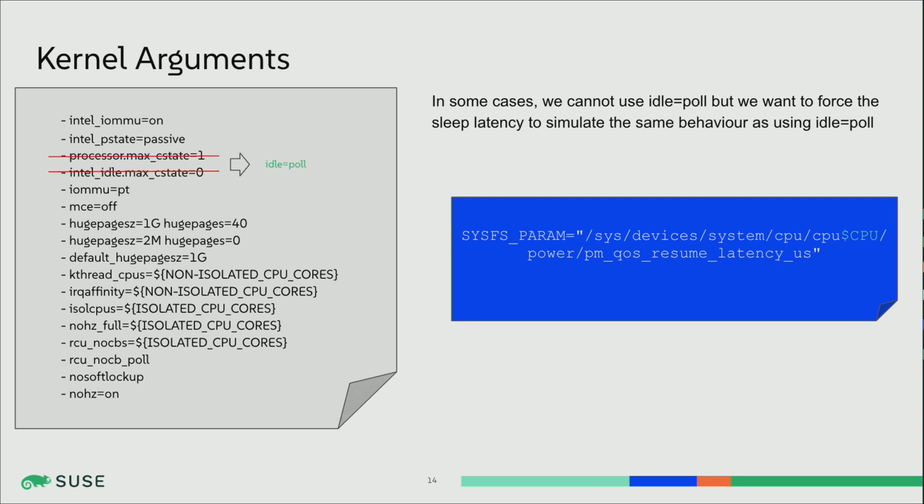So sometimes you cannot use idle poll for all CPUs. There is a different way to force just one specific CPU to get the minimum values. Again, depending on the way that you are defining your application and the needs that you have for performance, you could say, I know that this CPU is pinned to a specific workload and we have to reduce the latency, and configure only this CPU for this part.